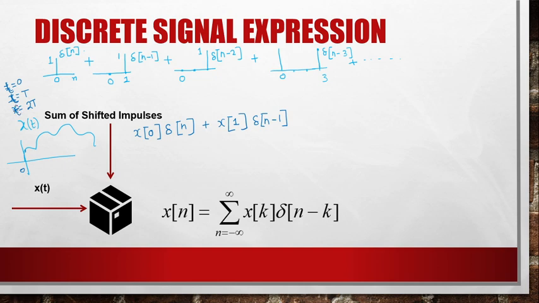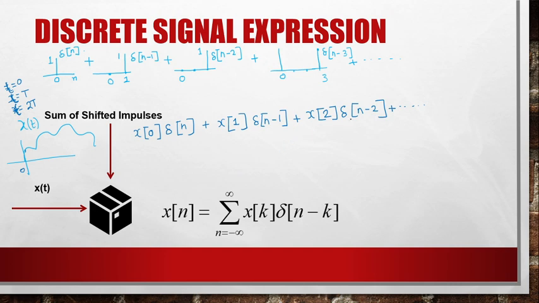When t equal to 2t, at that time a unit function 1 is coming, so that is multiplied with the signal at only 2t. So how can I write it? I will write only the sequence, so it will be only 2. I am omitting the t and it will be delta n minus 2. So in this way, if I add it all up, this signal is coming on the right hand side.